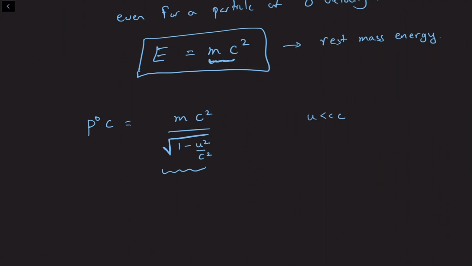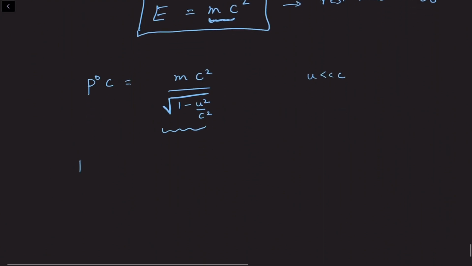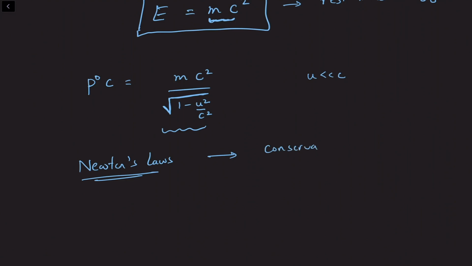So previously in Newton's laws, we had a separate rule assuming conservation of mass. This was just an assumed thing. And in the absence of external forces or an external potential, we also had conservation of energy.